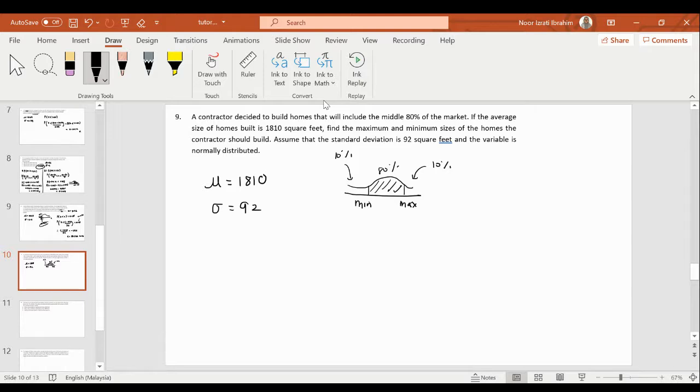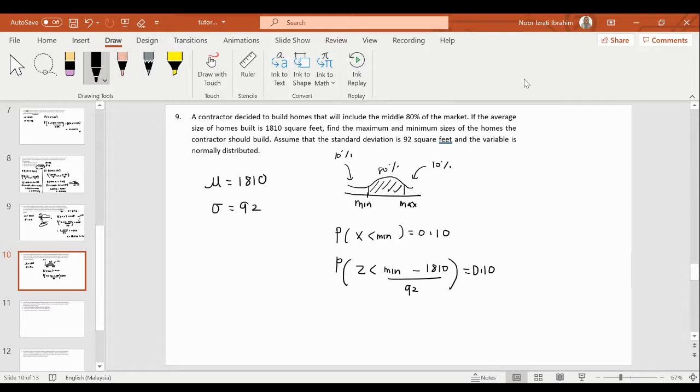So first find the minimum. The probability when x is less than the minimum equals 10%, 0.10. To find the minimum, we transform x to become z. It will be the probability when z is less than minimum minus mean 1810 divided by standard deviation 92 equals 0.10.